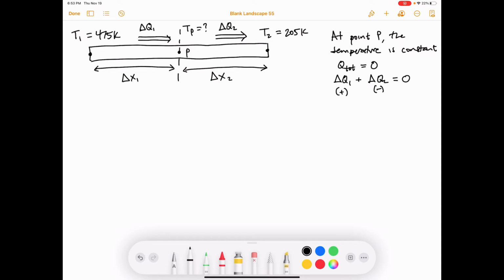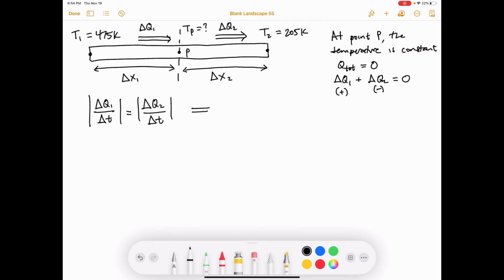So the rate of heat flow from the left side of the rod to the point, which we'll call delta Q1 over delta t, is equal to the rate that heat's flowing from the point to the right end of the rod, which is delta Q2 over delta t. Now, technically, one of those is positive, the other is negative. So when we take the absolute value, that's when they're equal.